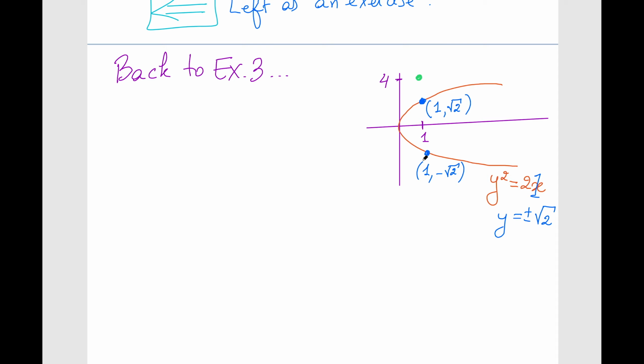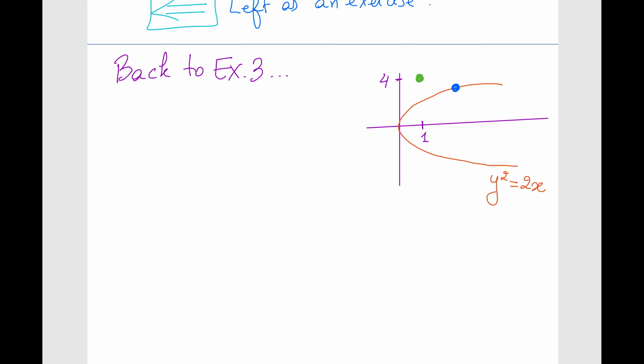All right, let me erase all the last steps I did. So we're here. The question now is, I want to find the closest point on this graph to that green point, this one.